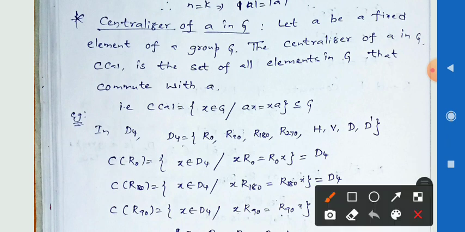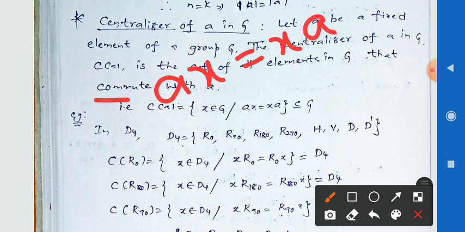Here A is the fixed element and X is any element in group G. Then the condition of commuting means Ax is equal to Xa.